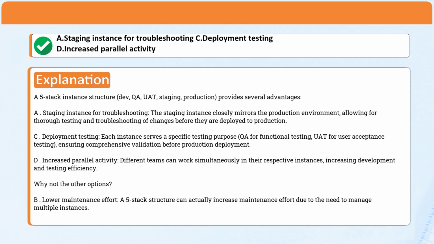Each instance serves a specific testing purpose, QA for functional testing, UAT for user acceptance testing, ensuring comprehensive validation before production deployment. D. Increased parallel activity. Different teams can work simultaneously in their respective instances, increasing development and testing efficiency. Why not the other options? B. Lower maintenance effort. A 5-stack structure can actually increase maintenance effort due to the need to manage multiple instances.